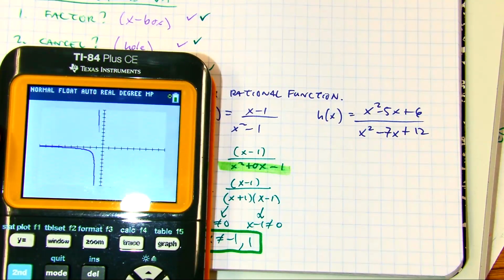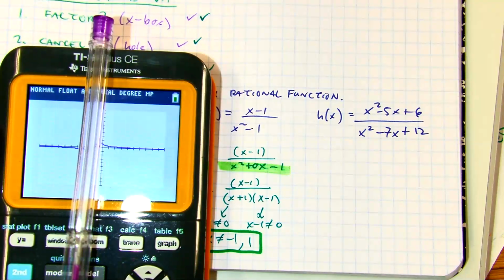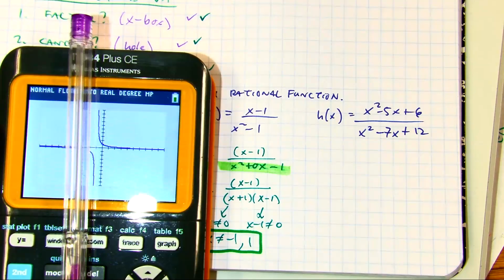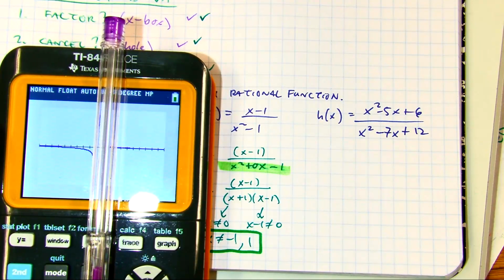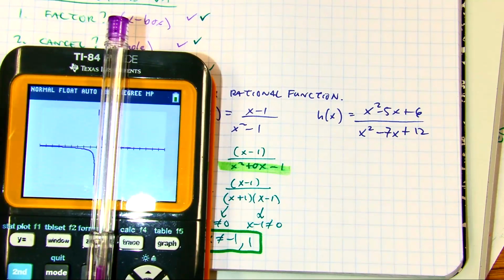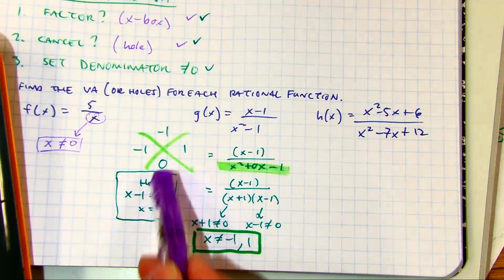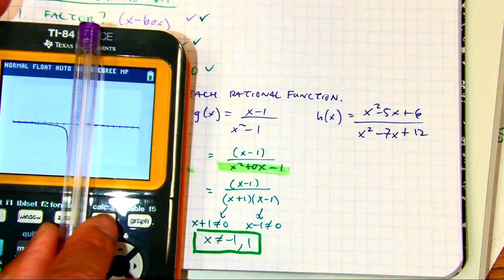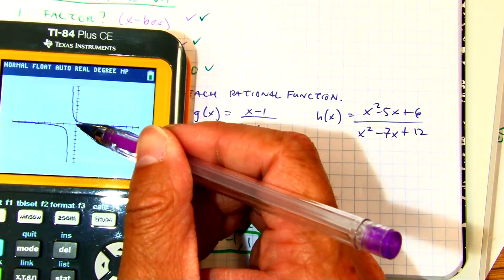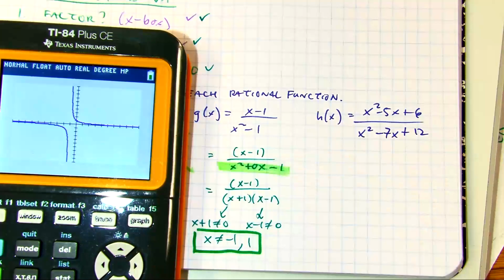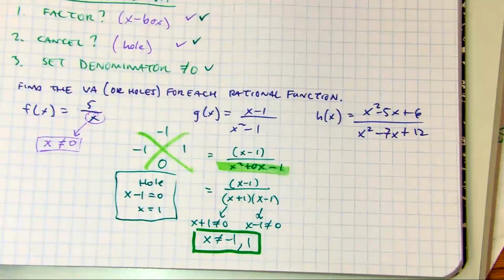And then I expect to have a vertical asymptote at negative 1. At positive 1, I expected the graph not to go through my vertical asymptote, but we have a hole at x equals 1. So on your graphs, then you should have what there? A hole, an open circle. Okay, let's do the last one.